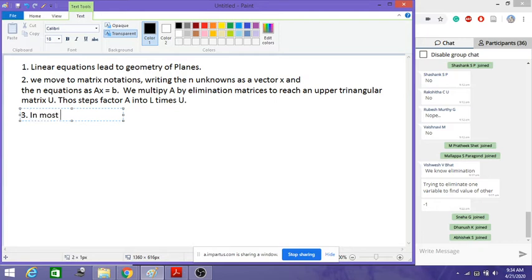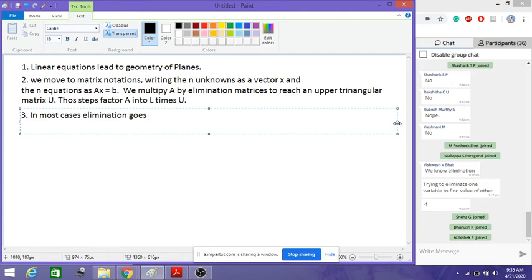So in most cases elimination goes forward without difficulties, and the matrix has the inverse, that is Ax equal to b has one solution.